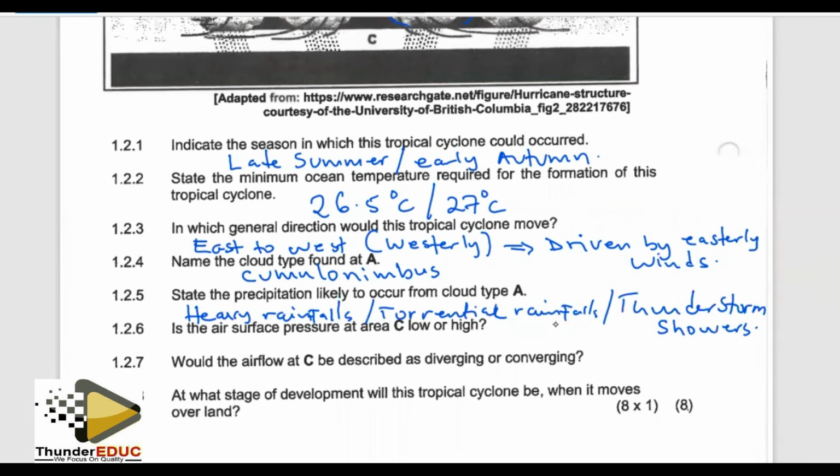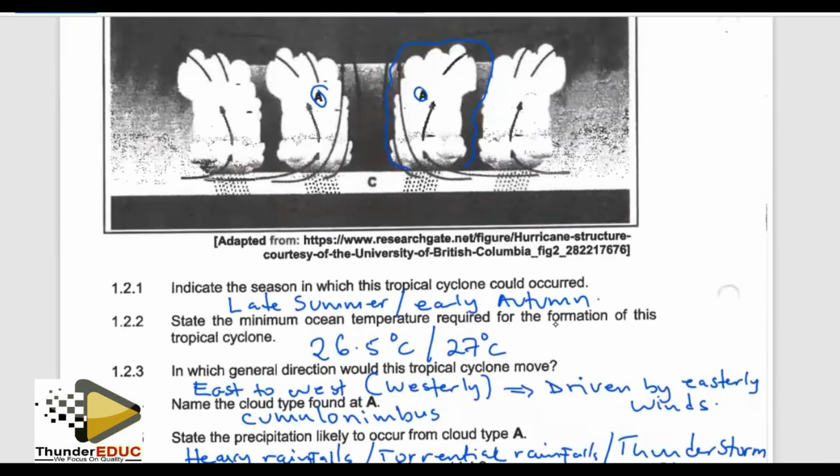Question 1.2.6, is the air surface pressure at area C low or high? Let's go and look at C. So we are here. This is point C here. They're saying, is the air pressure at this point high or low? I think the first concept we need to know is that at point C, we see air converging, air moves towards the same point.